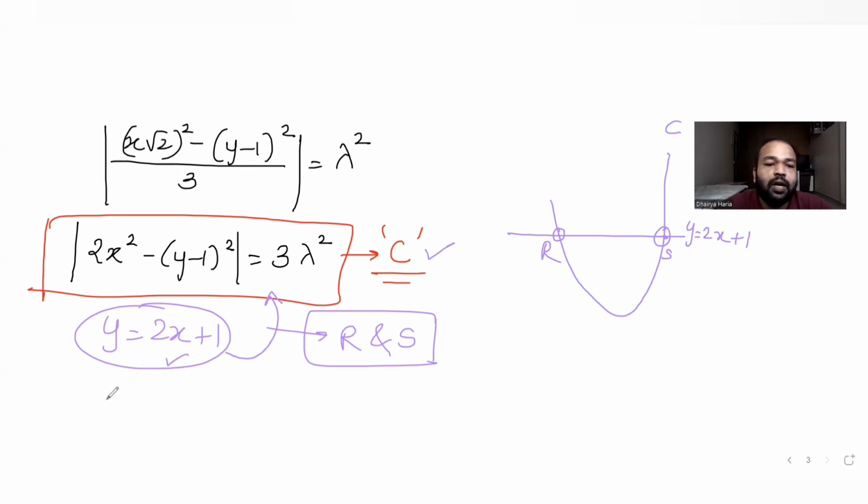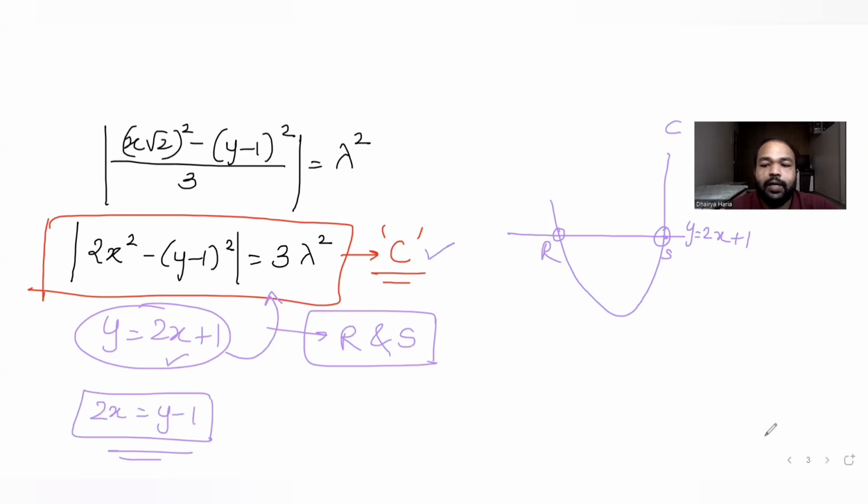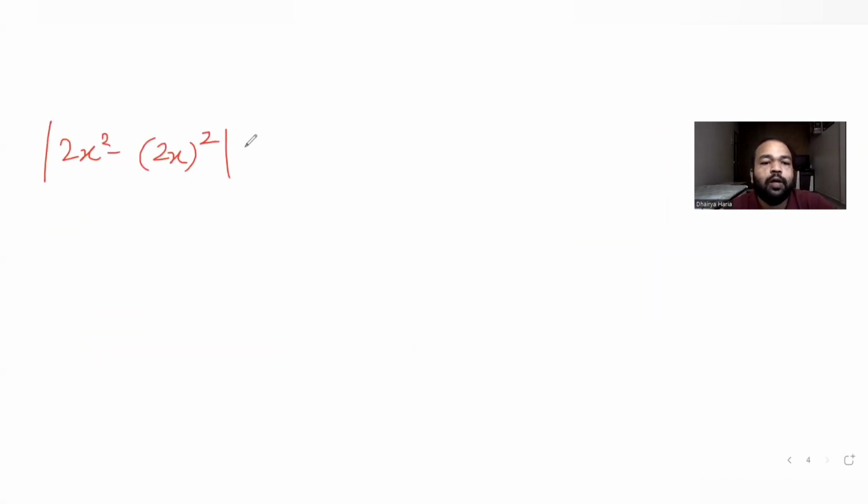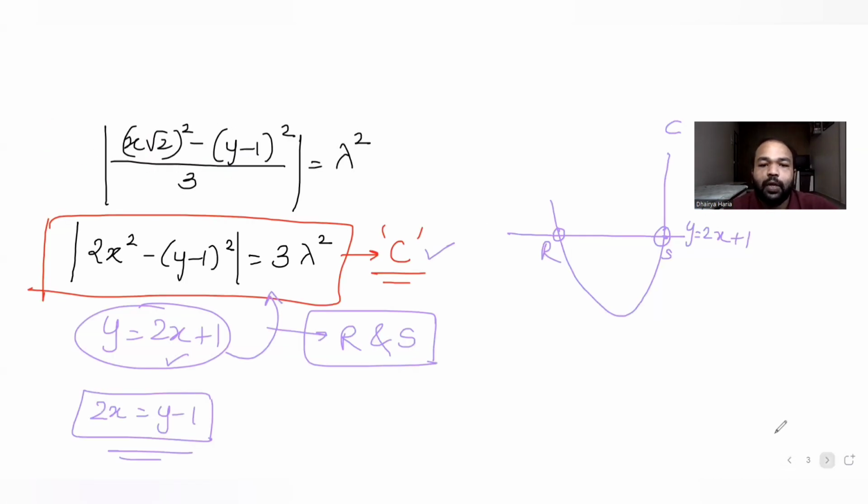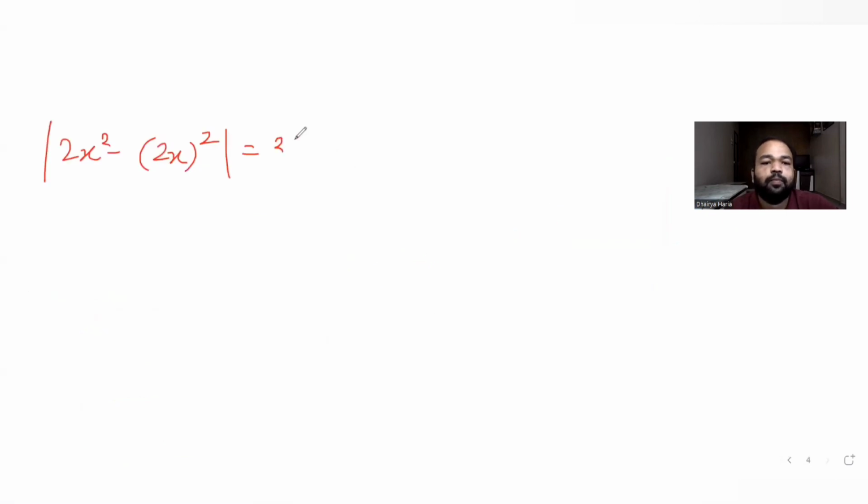So if I just understand here, I can write this 2x as y minus 1 again. So instead of y minus 1, if I substitute 2x in this equation, the equation turns out to become mod of 2x² minus (y − 1)². Instead of that, if I write it as 2x, that is equal to (2x)² is equal to 3 lambda square.